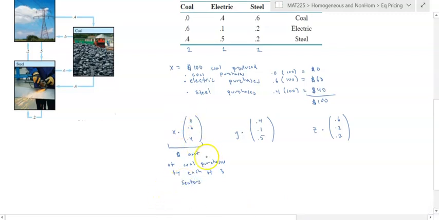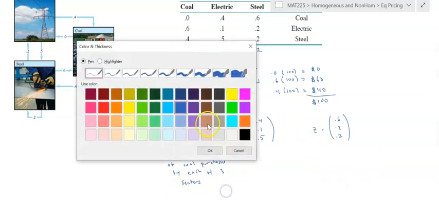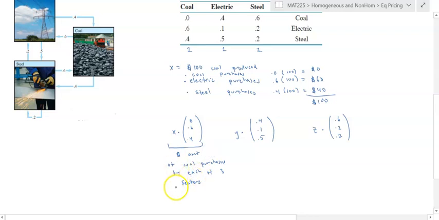Okay, so this is the expenditure, in other words. I shouldn't say expenditure by coal. These represent the expenditures of the three sectors for coal.